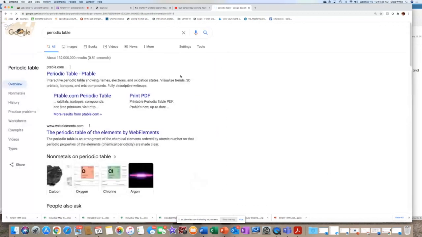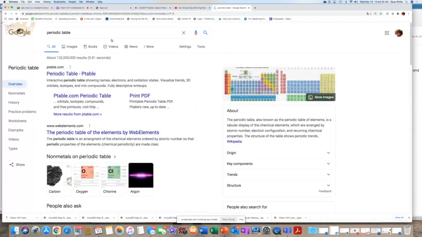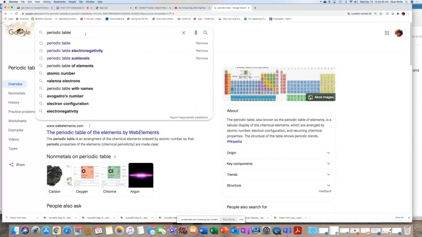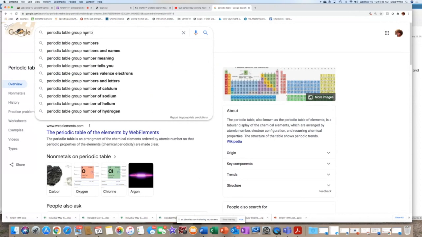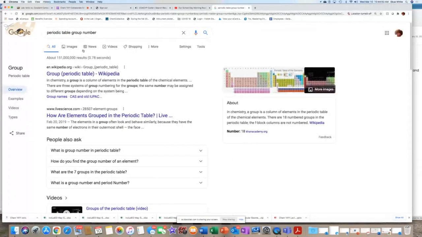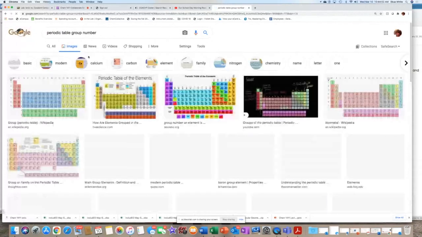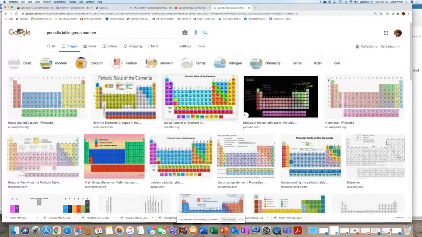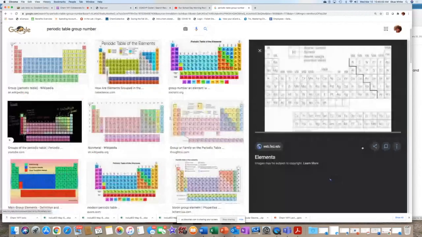There. I have my table set up so high. Oh, I need it with group number. So I want the periodic table that shows me group number. Man, the internet these days has so much stuff. Okay, let me pick one that's not so busy. Oh, I like this one.